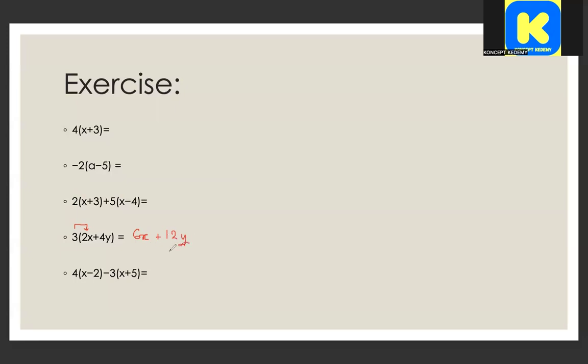Now we cannot add it further because, as I already told you, we cannot add unlike terms. Like if we have x plus x, I can write 2x. If I have y plus 3y, I can write 4y.